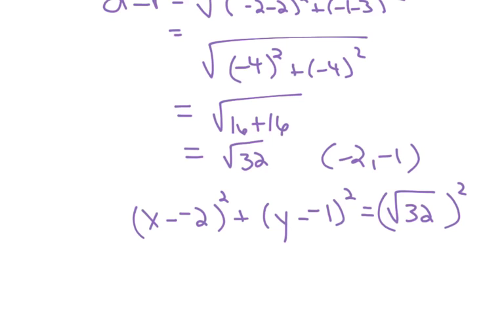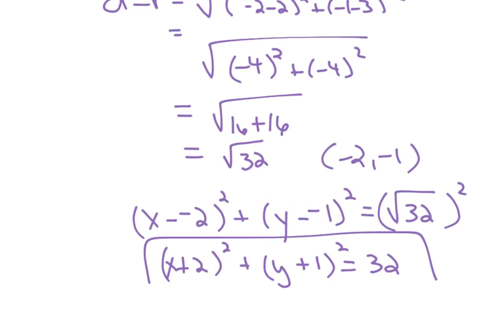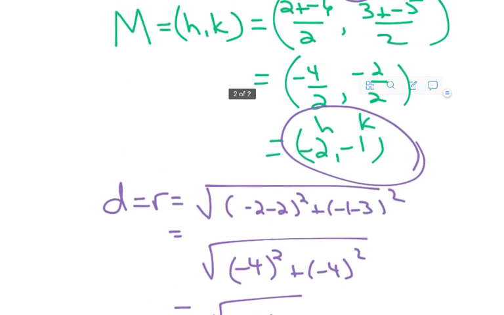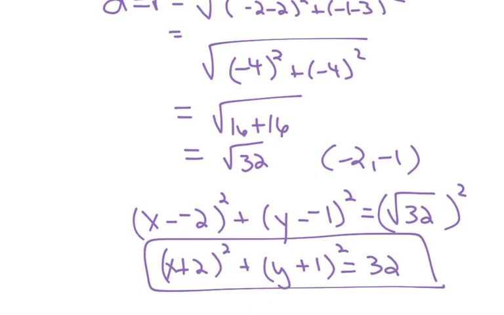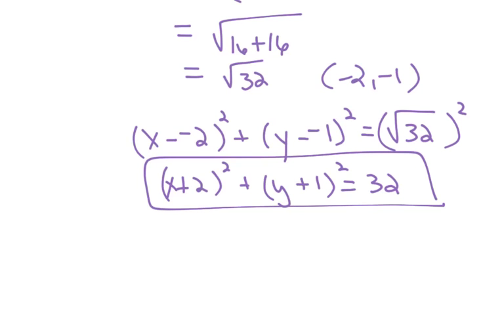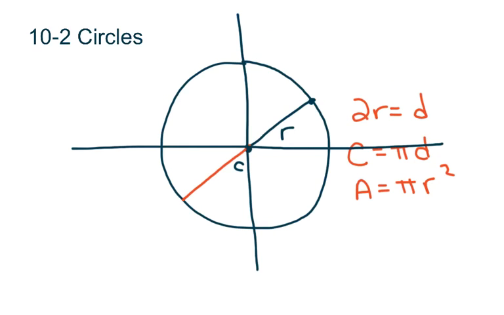The square and the square root end up canceling each other. X plus 2 squared plus y plus 1 squared is equal to 32. And that is the equation of the circle whose endpoints were at, where were they at? 2, 3, and negative 6, negative 5. And that is section 10.2 on circles.